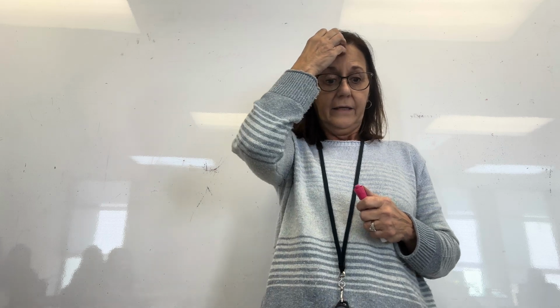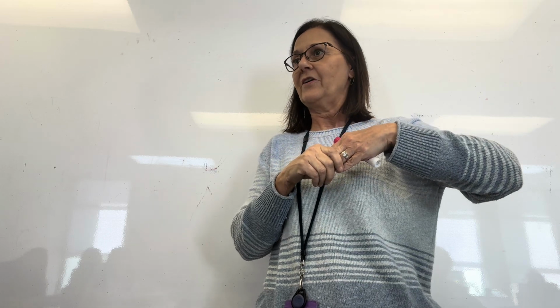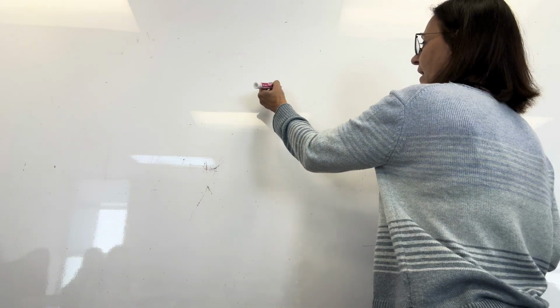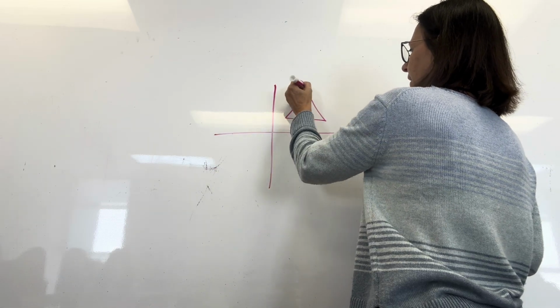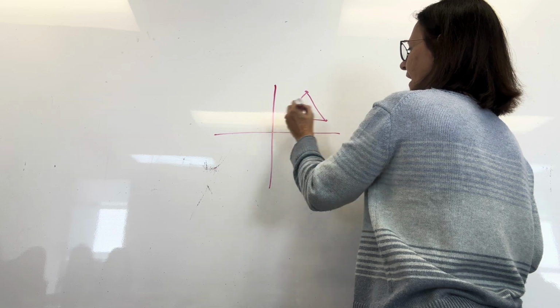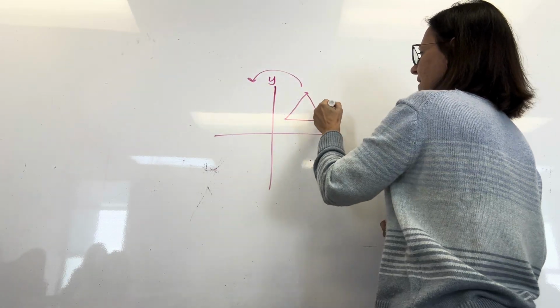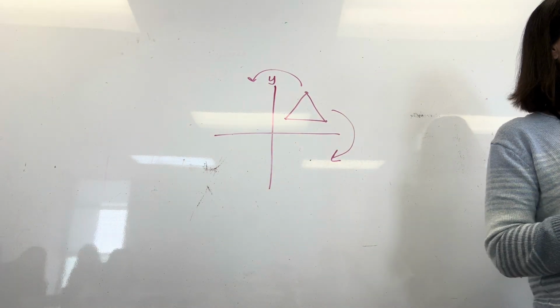And then we have reflections. We talked about reflections, in terms of rotations if there's two of them, or translations if there's two of them. If I have a Cartesian coordinate system and a triangle, I can reflect across the y-axis, or I can reflect across the x-axis.